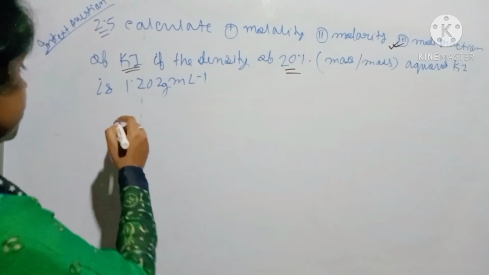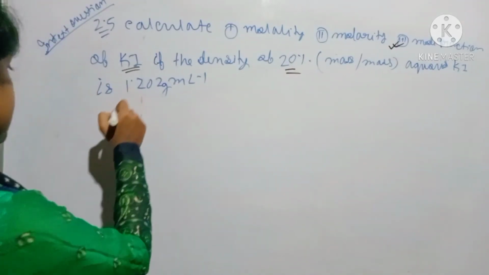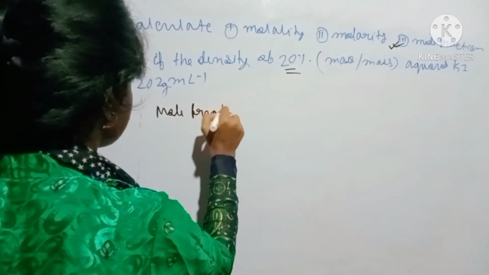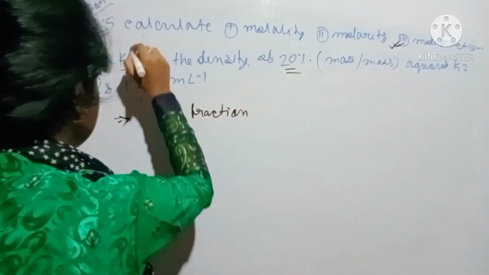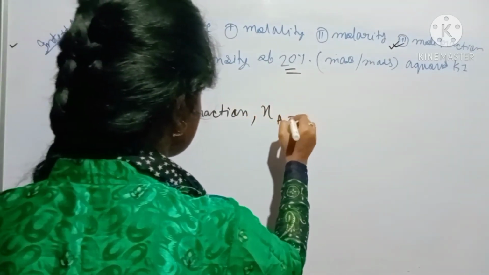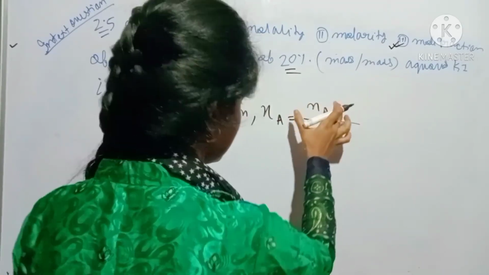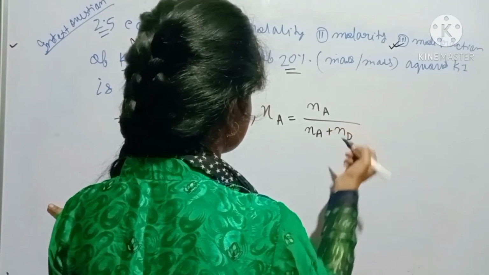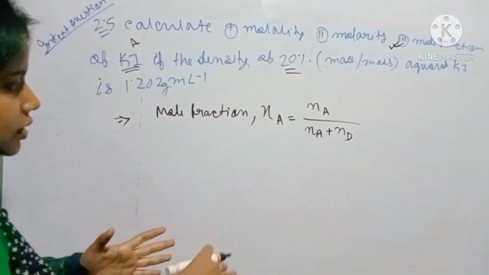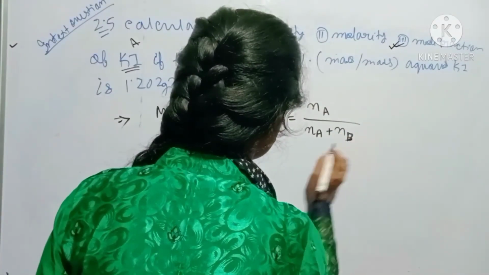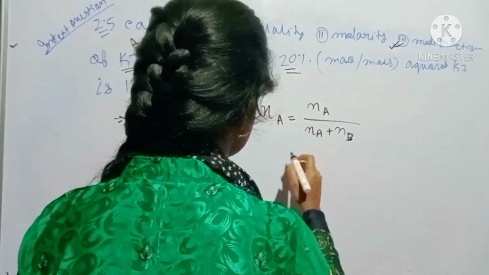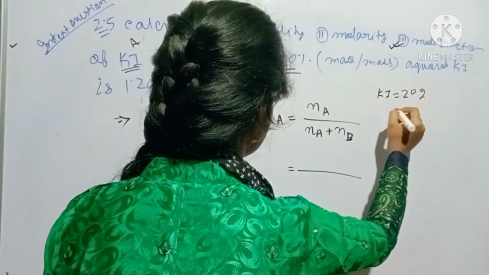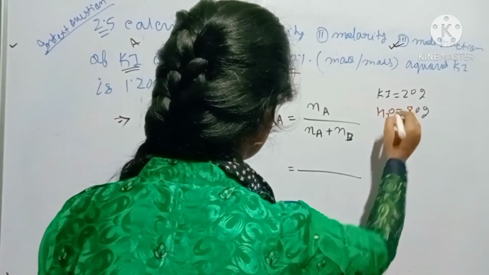But if you don't want to check, then I'll just tell you. If we have to calculate the mole fraction of KI only, KI is taken as A, so XA equals number of moles of KI, and below, the total number of moles, that means Na and Nb. Here the solvent is water, because we don't see anything else, so let's take it as water. We know that KI has weight 20 gram and solvent has weight 80 gram, H2O.